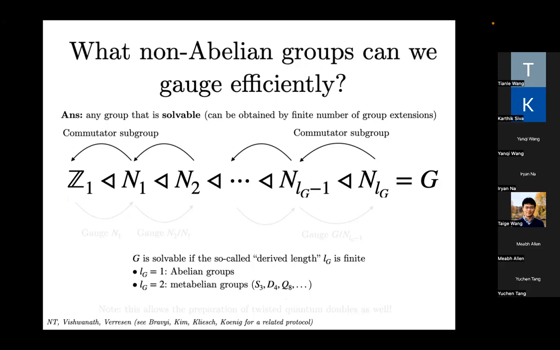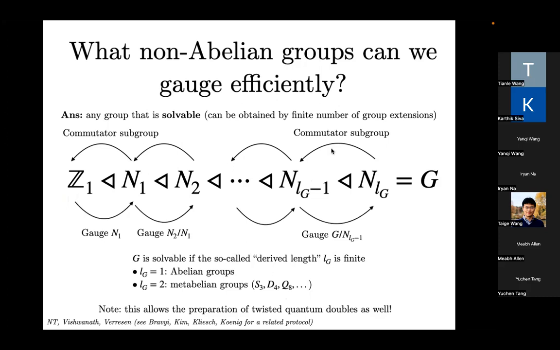So what you need to do to go backwards is that once you have the sequence, you just gauge N1, to prepare, for example, in this example, N1 could be Z3 for this S3 group. And then the next one is to gauge the quotient group, which is the difference to go from N1 to N2. And that turns out in this sequence will always be abelian. And so this gives you a way to sequentially work your way back up to gauge a non-abelian symmetry.